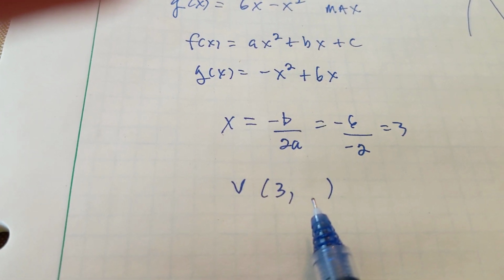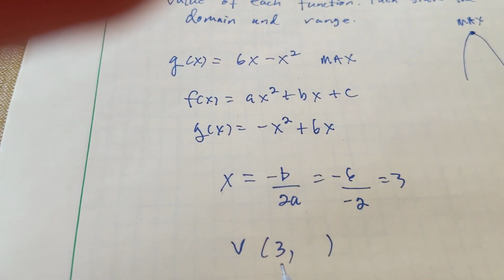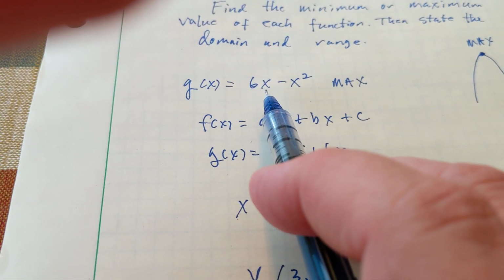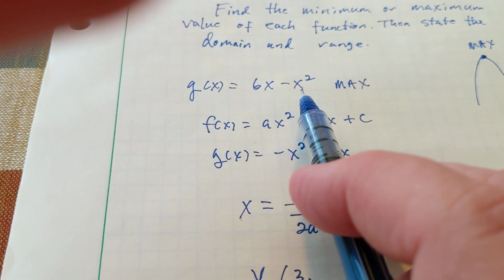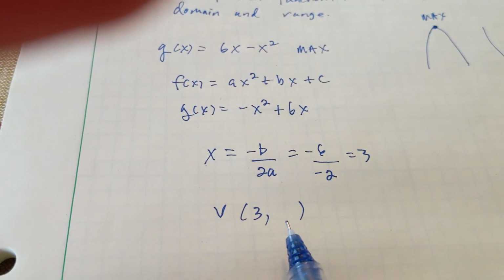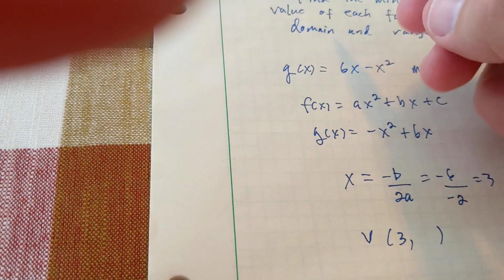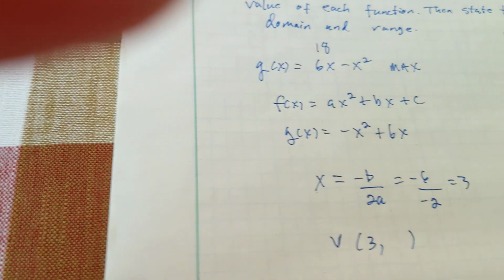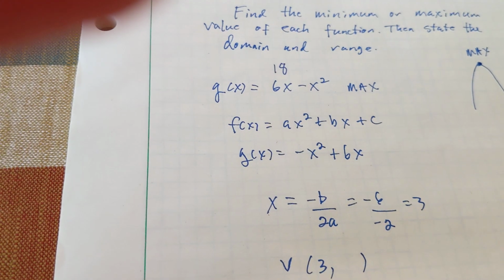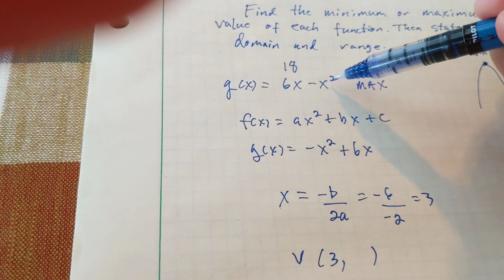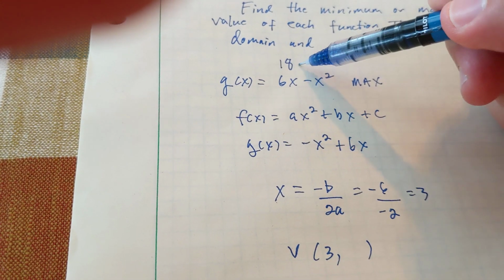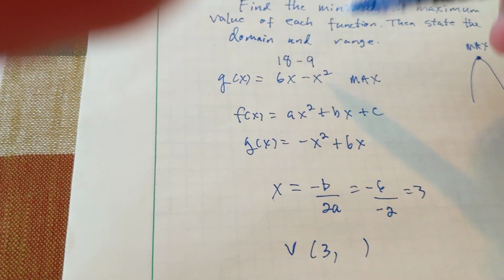Now I need to know the y value. What I do is take this 3, bring it up here, and plug it in. I substitute it in and do the math. 6 times 3 is 18, and 3 squared is 9. Then I have this subtraction sign.